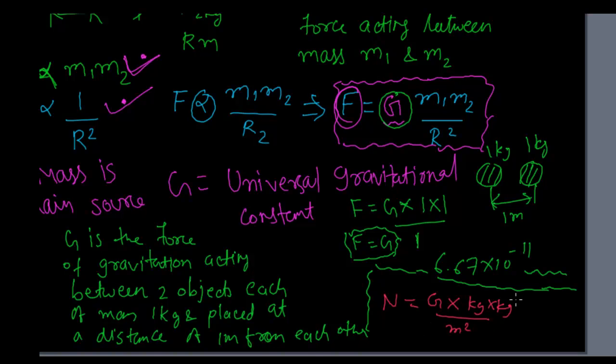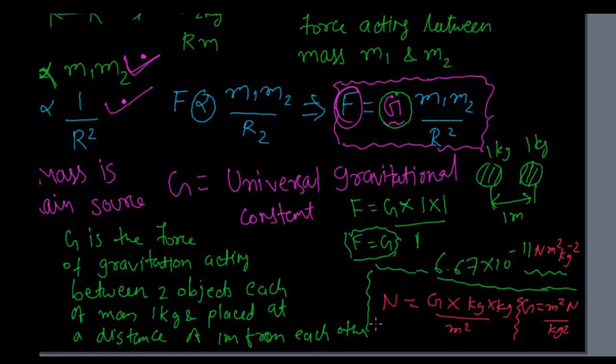So what would be the unit of G? The unit of G would be meter square Newton per kg square. So it's basically Newton meter square kg raised to minus 2. This is the unit of G.